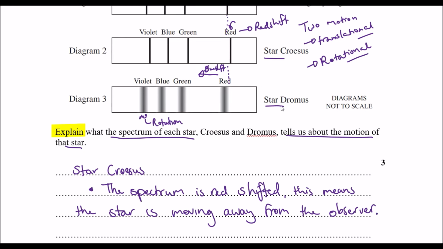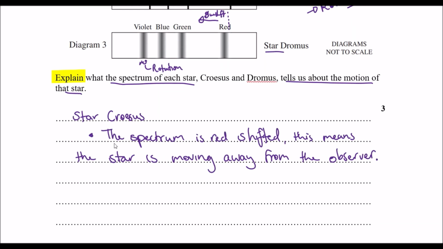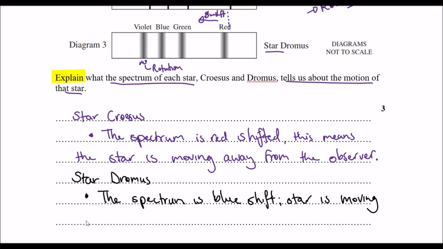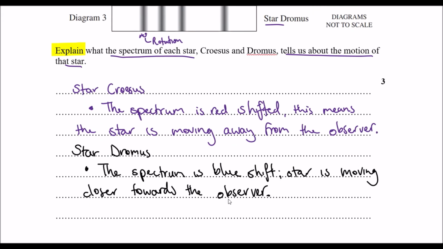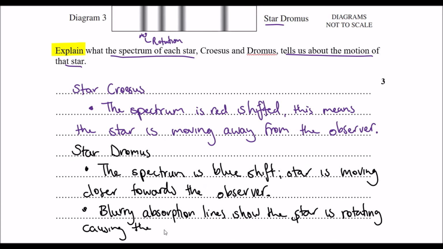And then we have star D. For star D, the spectrum is blue shifted, which means star D is moving towards the observer. The blurry absorption lines also indicate that the star is rotating due to the Doppler effect. So that's how you do the question here.